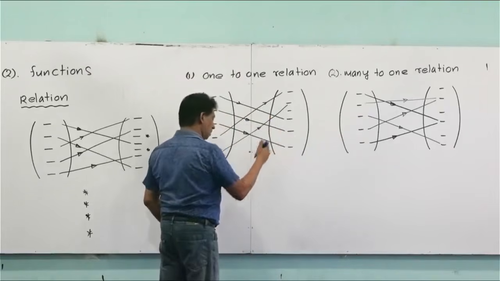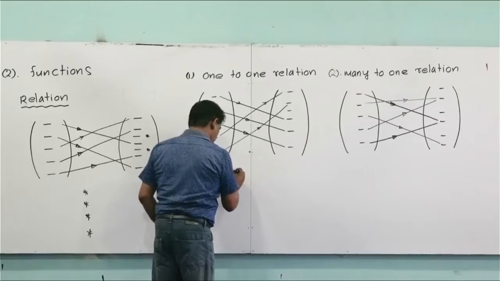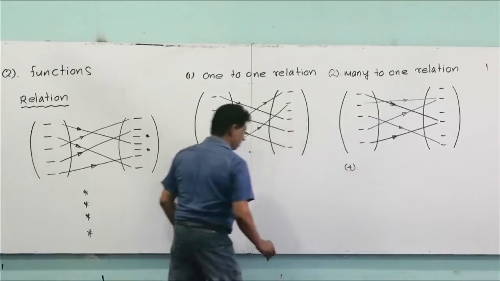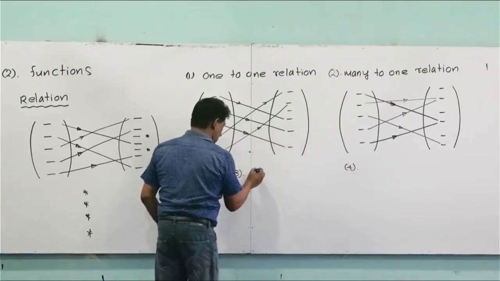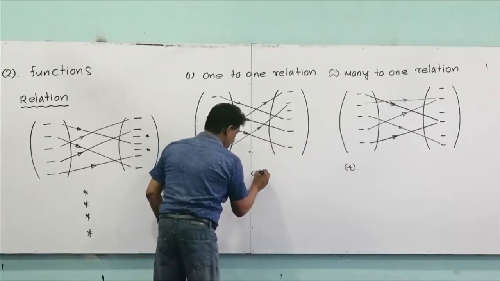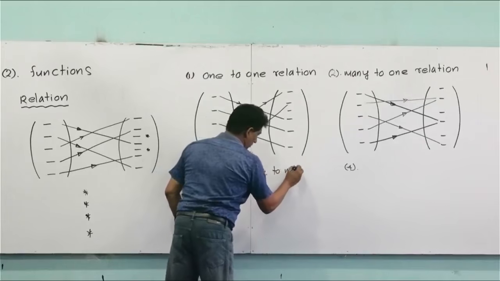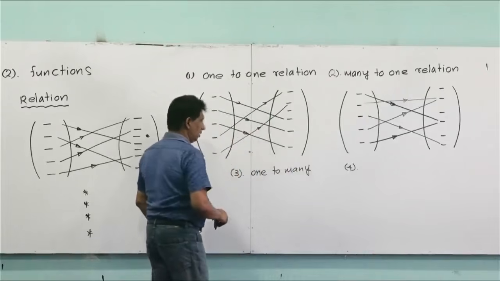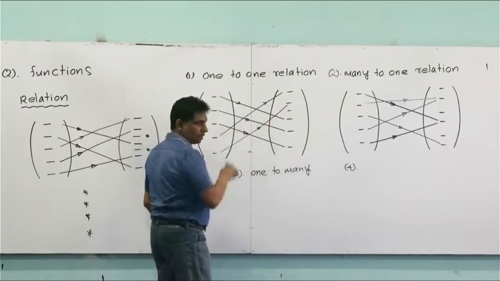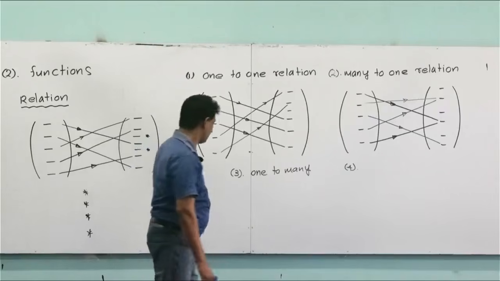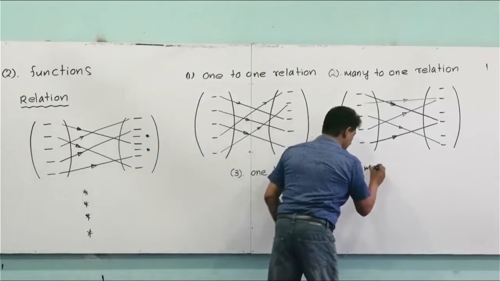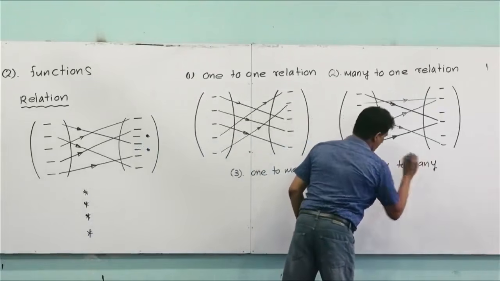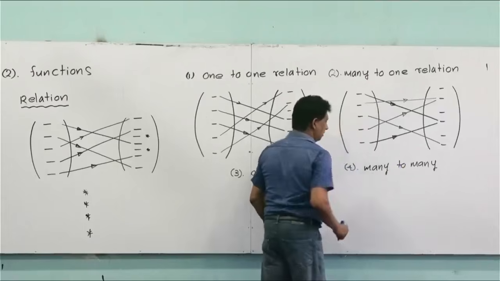Then there are another two relations in mathematics, but we don't study these relations in A level maths. The other one is one to many. Now you can get an idea about what that is, no? One to many. That means one element of the first set is connected with many elements of the second set. Right? Then many to many. What is the meaning of this one?